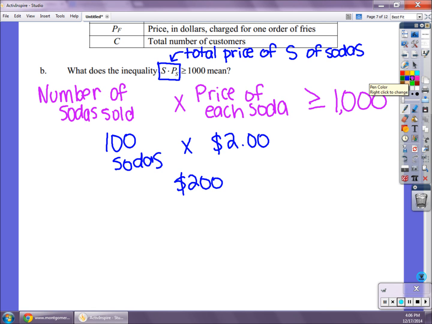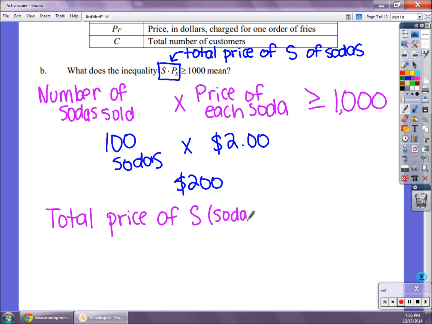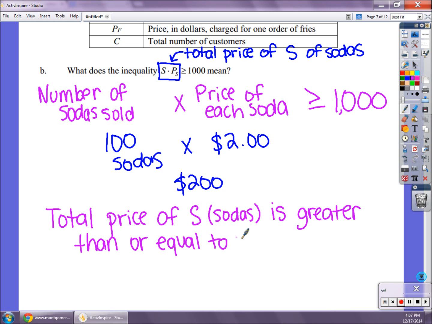We're going to say the total price of S sodas is greater than or equal to $1,000.